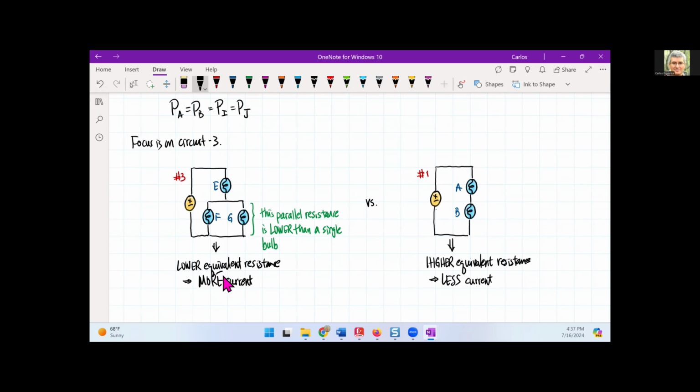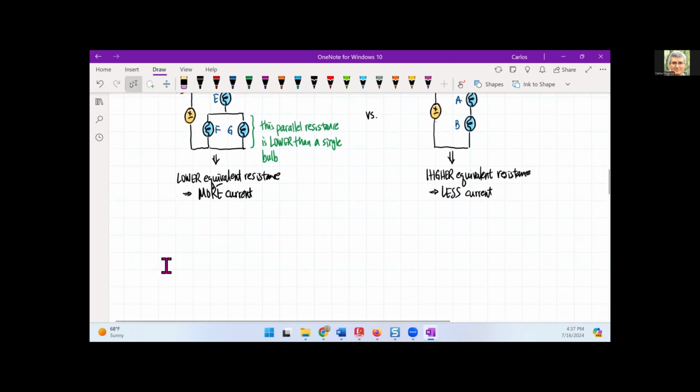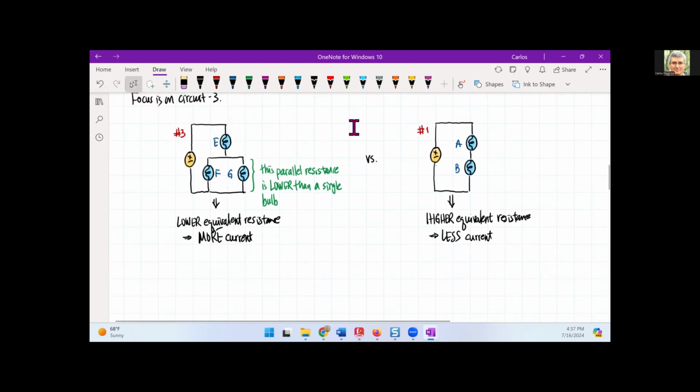So when I'm looking at this, then I could start to compare the bulbs here. So let's look at comparing these guys.